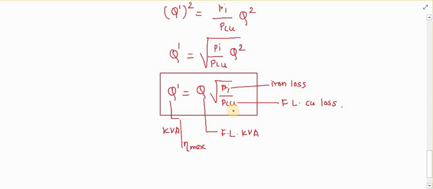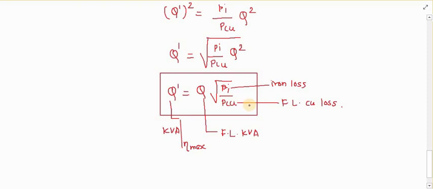If my transformer is intended to work on full load for most of the period, then it is always designed to have the maximum efficiency near the full load. But if the transformer load is variable, it is usually designed to have maximum efficiency at about 75% of full load.